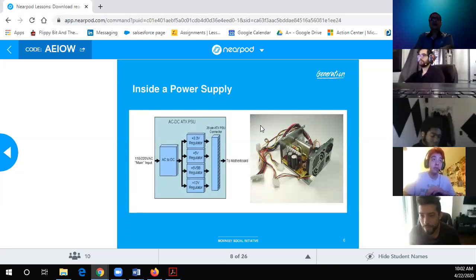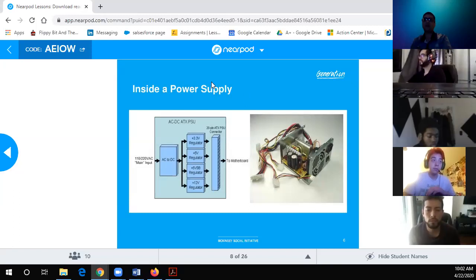Okay, so inside a power supply, you have, like we said, the main unit coming in with 110, 120 usually. You have the converter itself that goes to the DC, and it has the various types of voltage, as we said, depending on the actual part of the motherboard or device that it's powering.